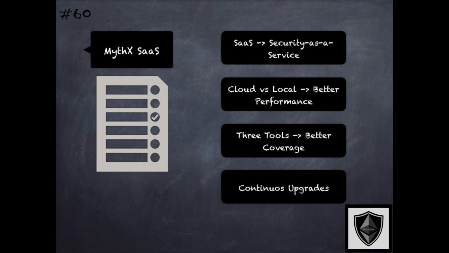So for these three reasons, the SaaS or API based approach of Mythics is considered as being better than running any one of those tools locally on the user's end.